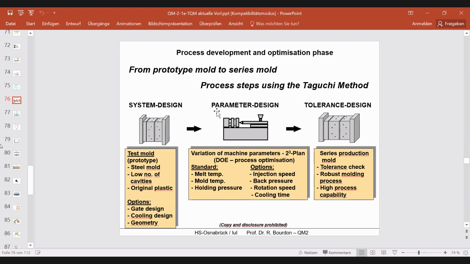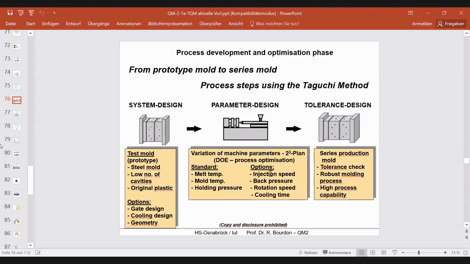Then you do experimental design. The heart, the main thing of the DOE, is a parameter design. This means you have an experimental plan, maybe a 2-high-3 plan or whatever, and then you are doing a variation of parameters or factors which influence the quality, like melt temperature, mold temperature, holding pressure, and so on.